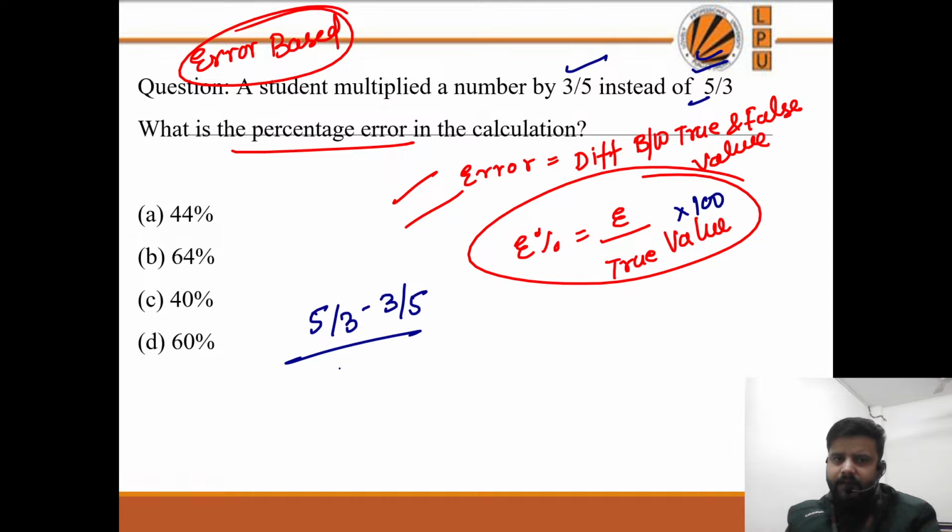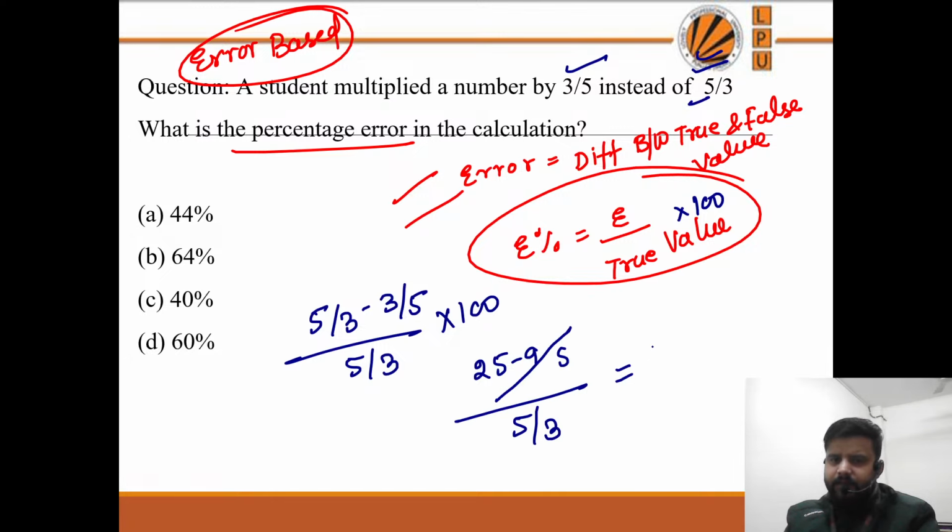It ideally should be multiplied with 3 by 5, so it will become 5 by 3.